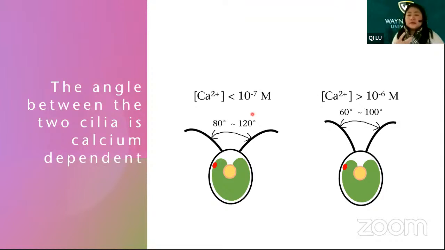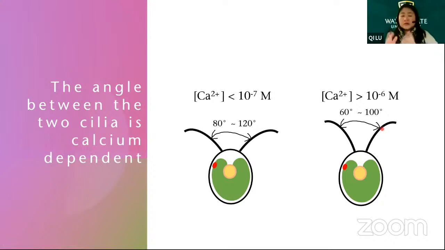And there's another very interesting part: if there's low calcium, the angle between these two cilia is different. With low calcium, the angle is larger, and with high calcium, the angle will be smaller, more sharp.